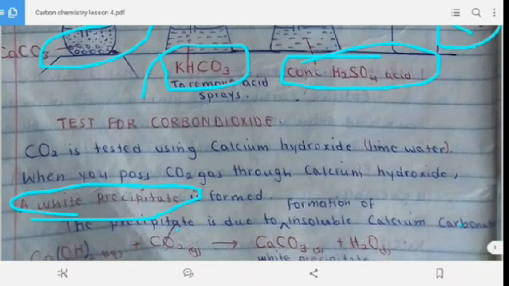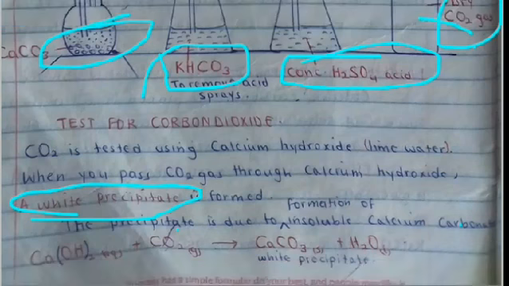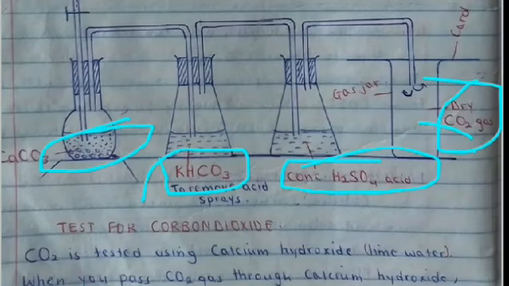Because they are reacting, it forms calcium carbonate, which is a solid, and then you also form water. This calcium carbonate is the one that we call a white precipitate. So now we have seen how carbon dioxide is tested.